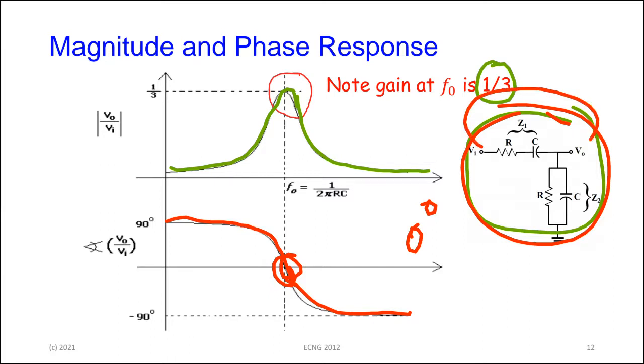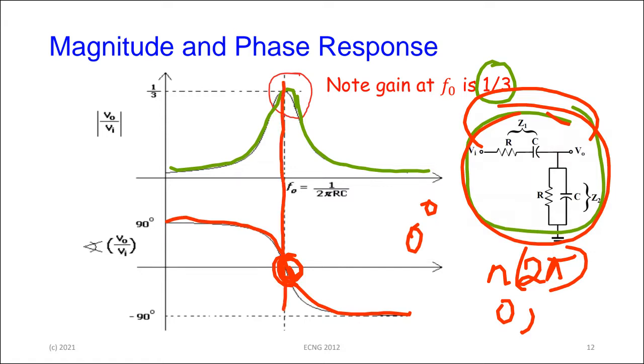We want the phase of the open loop gain to be a multiple of 2 pi, starting at 0, so it could be 0 or 2 pi, etc. So 0 satisfies that. Notice that as we pass omega 0, the phase at that single frequency is 0. The other part is that we want the gain to be 1.